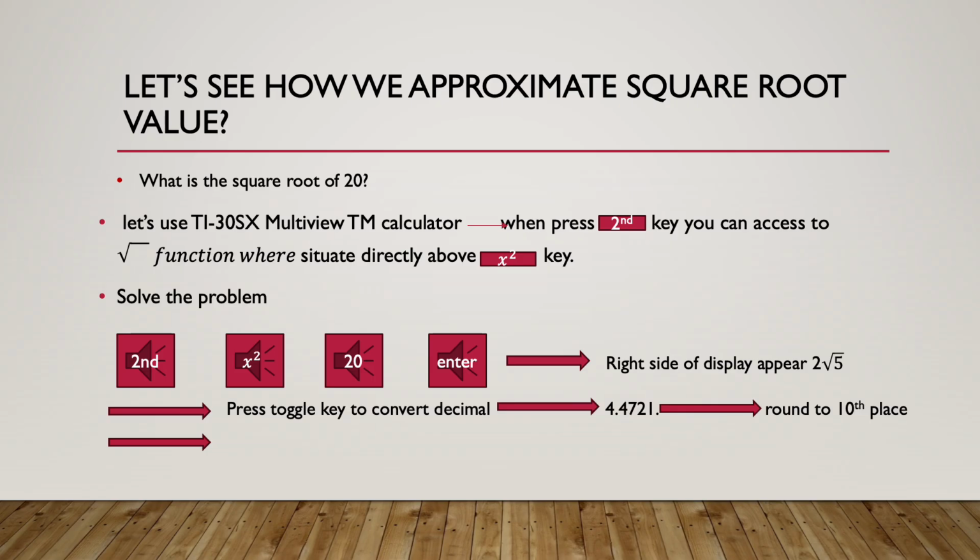The answer is 4.4721. So we are going to round to the tenths place. The first digit is 4, the second 4, then the third 7.